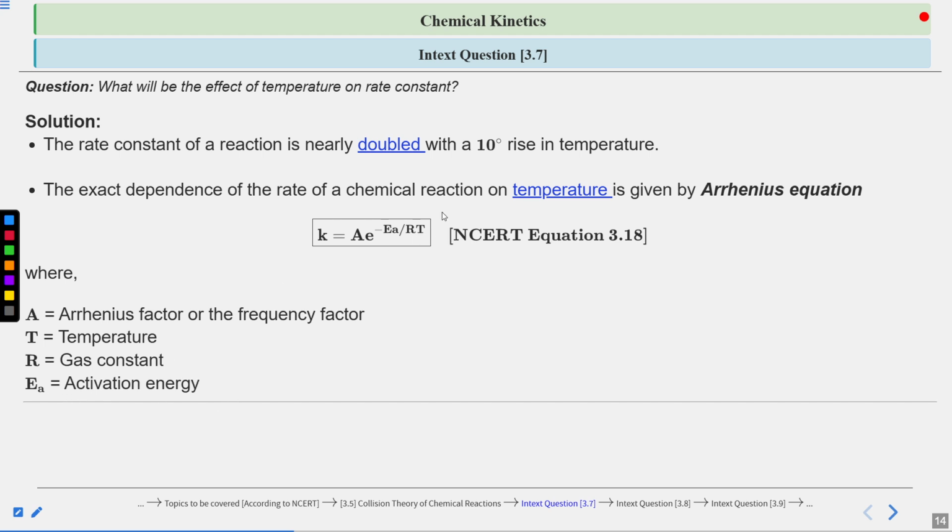So if you want to know the exact dependence of how temperature is going to affect the chemical reaction, you determine that using this Arrhenius equation, because it has the rate constant and temperature in it, right? So K is affected through temperature, and you can determine this using the Arrhenius equation.